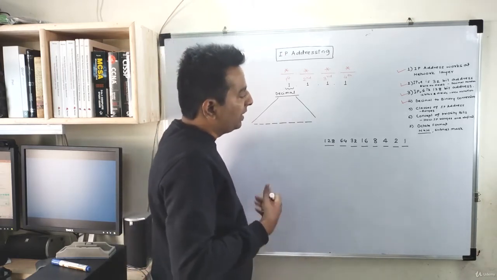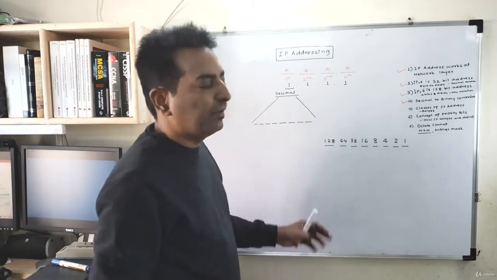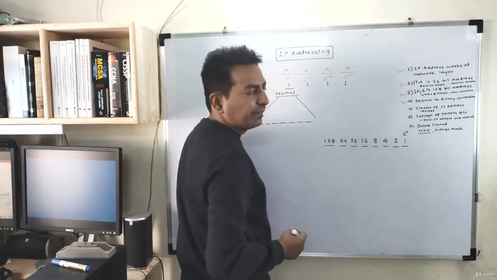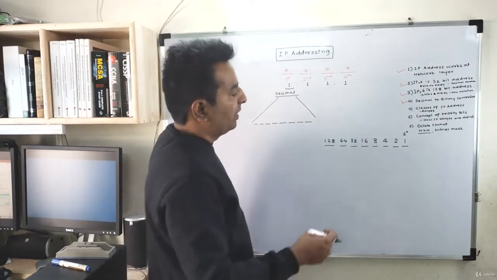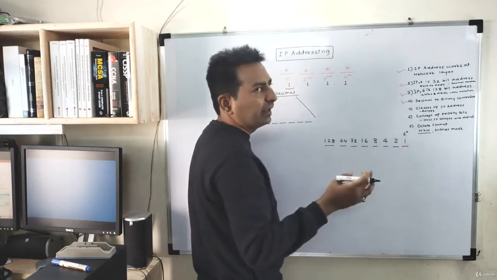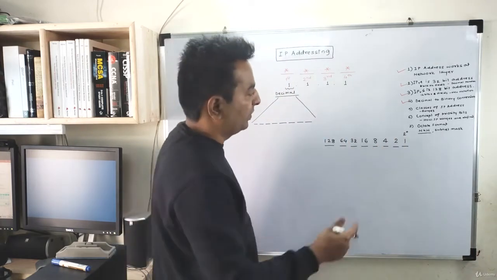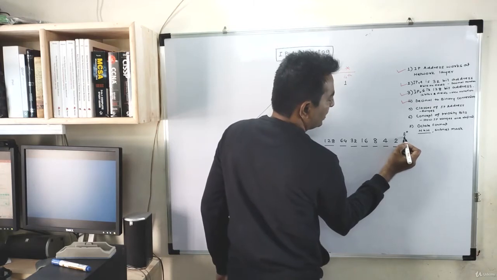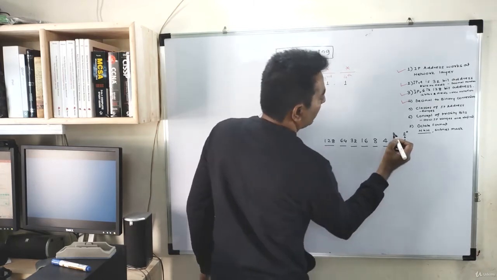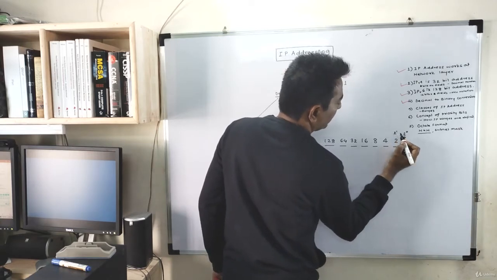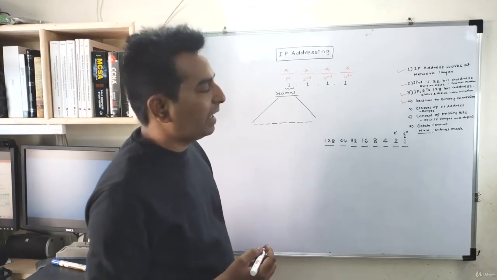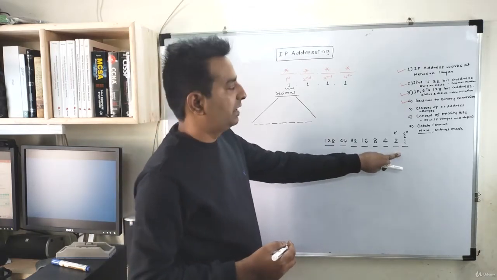So if you want to understand the analogy behind these numbers, it is always 2 to the power of the position. So consider 2 to the power 0. Anything raised to 0 comes out to be 1. So that is why 2 raised to 0 comes out to be 1. Now if I increase the exponent value, it is 2 raised to 1, so it comes out to be 2.